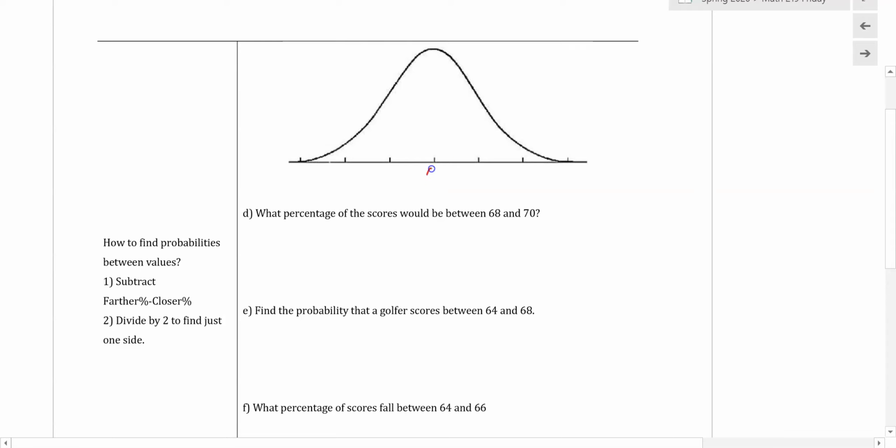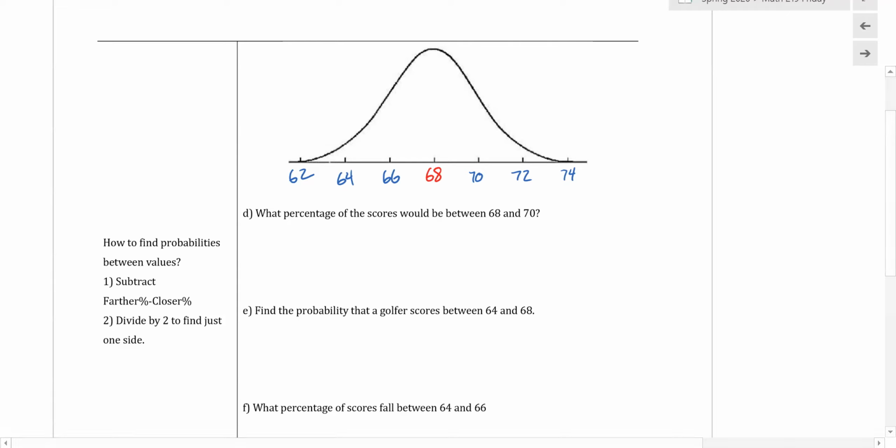Again, the mean is 68, right down the middle. A standard deviation is 2 points. So if I go 1 standard deviation right, that's 2 more points above 68, so I'm at 70, then another standard deviation, and another one. If I go left, I drop 2 points, another standard deviation left, and another one.